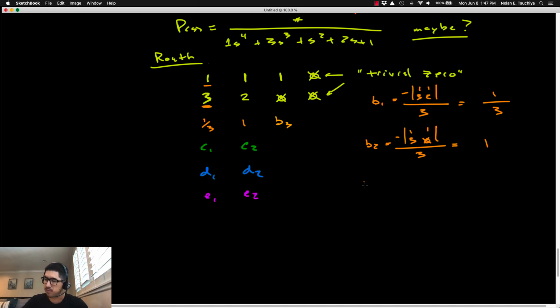Let's look at B3. B3 is minus the determinant of a 2 by 2 matrix, all divided by the first term in the row above it. First column is 1 and 3. The second column of the B3 2 by 2 matrix looks like it's going to be trivial 0, trivial 0. Now, the rule for trivial zeros is if you see two trivial zeros in your computation, the result is another trivial 0.